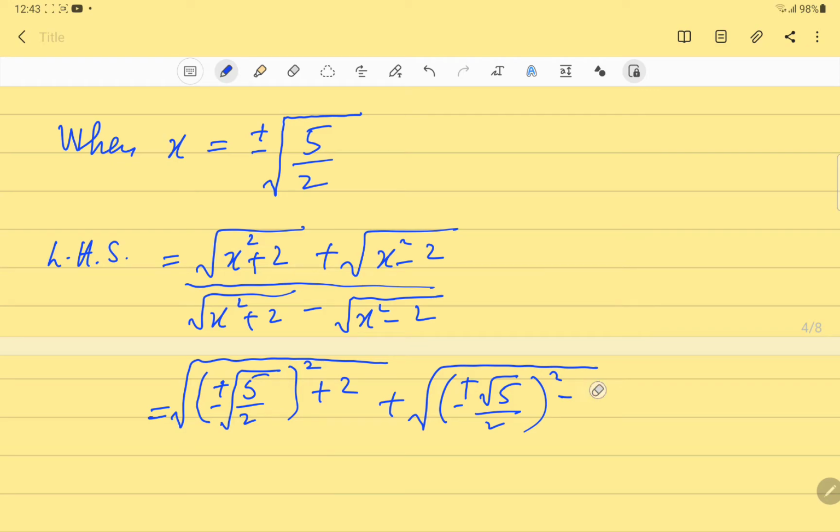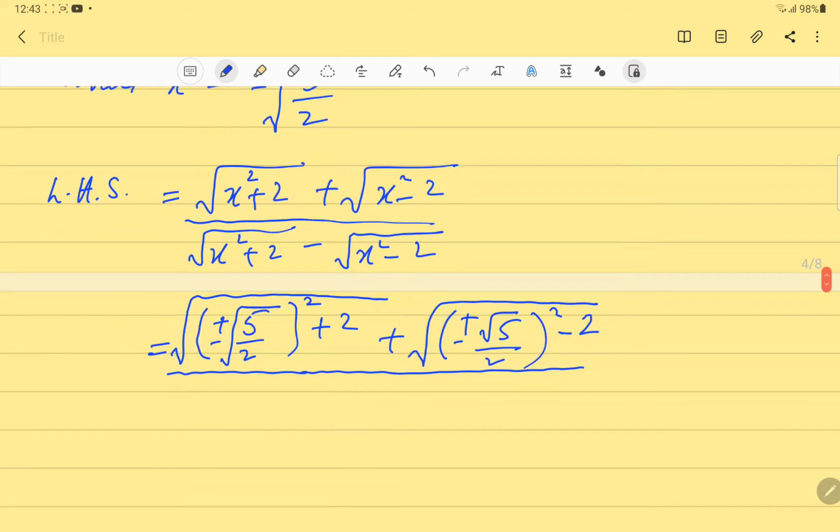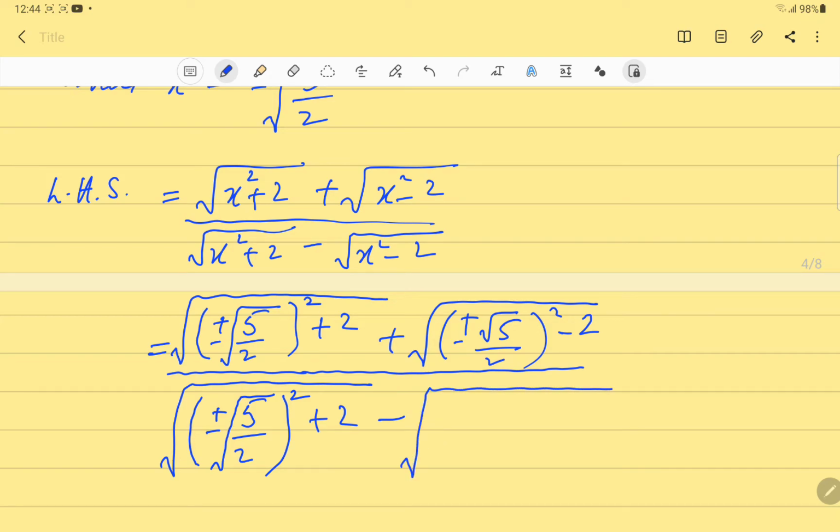Too short, let us make it slightly bigger. Okay, now the denominator: plus minus square root of 5 over 2, minus 2.